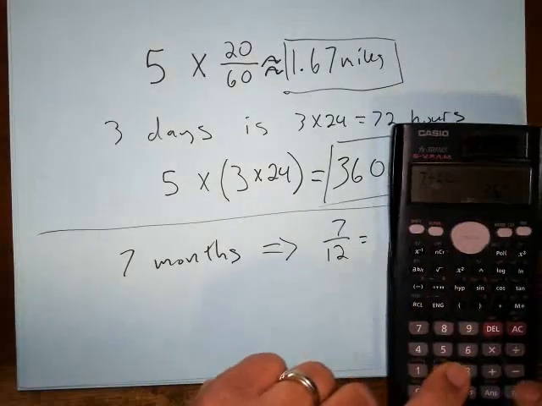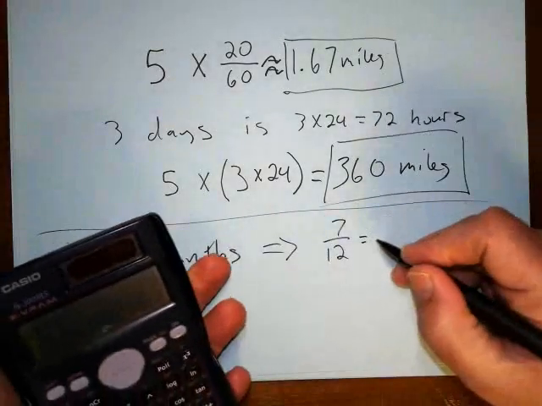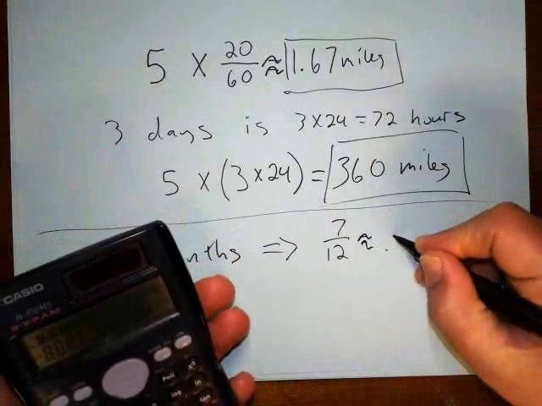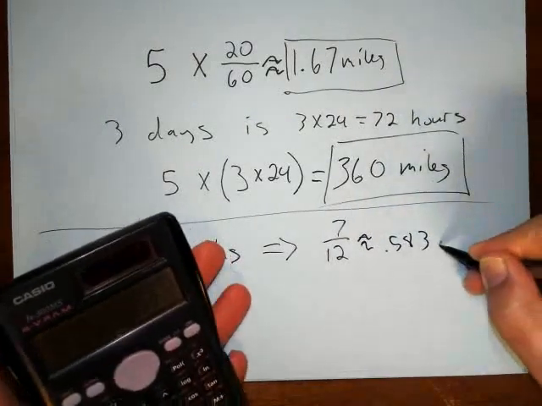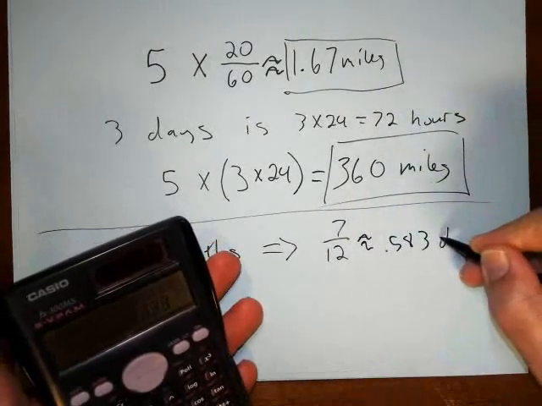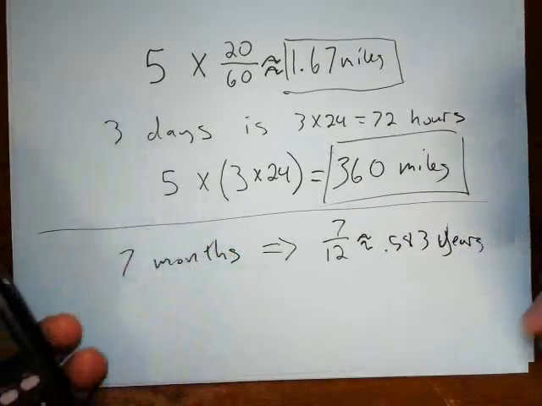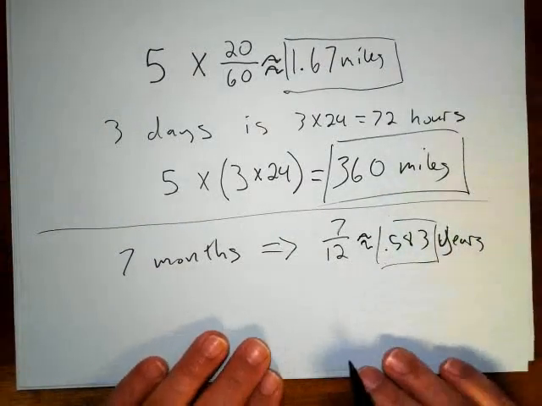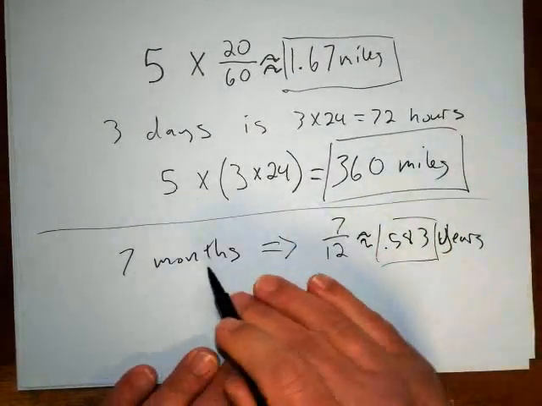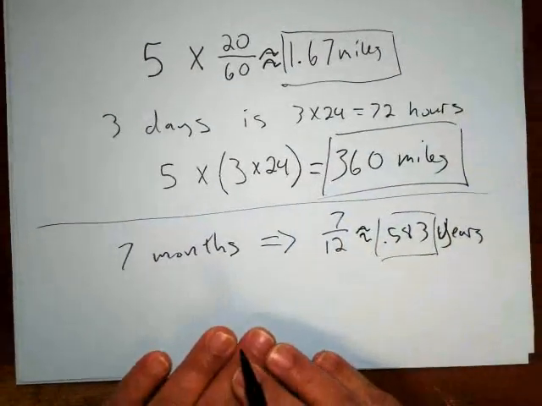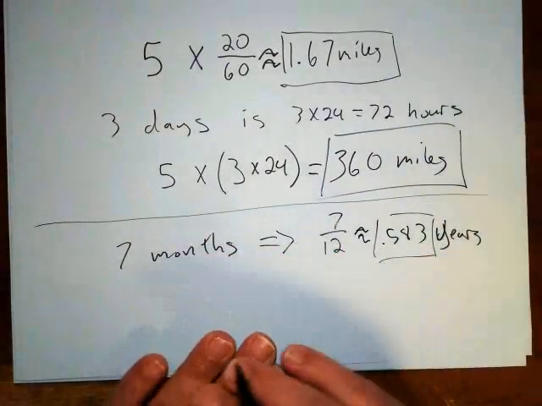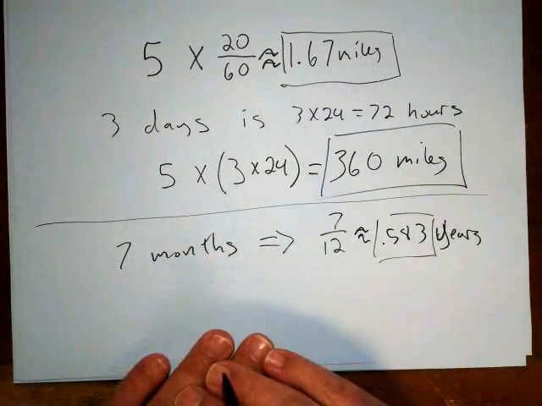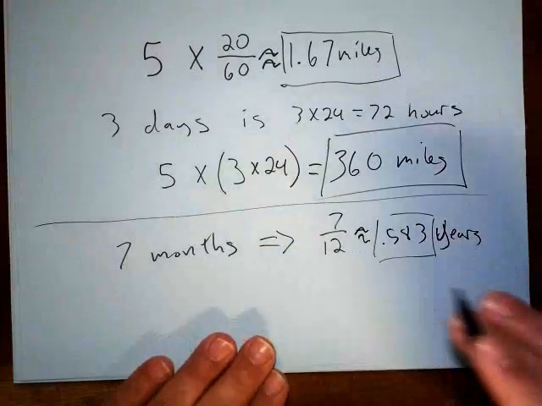So if I do 7 divided by 12, it's approximately 0.583 years. But in other words, you got to convert the months into years if it's a certain percent per year.